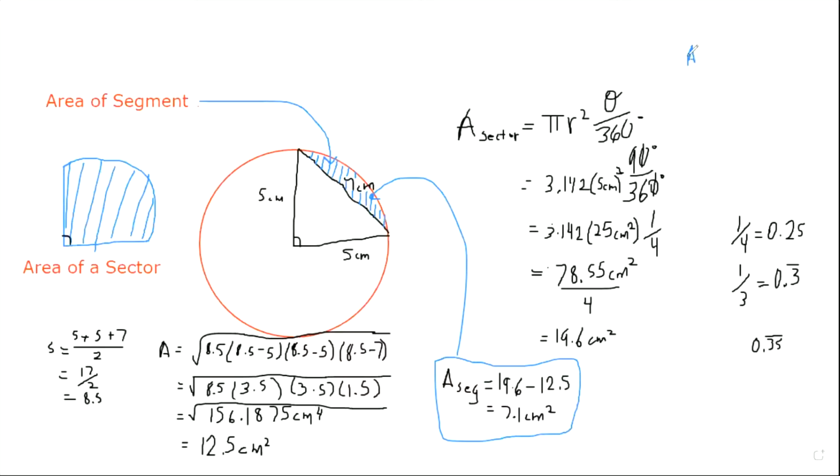Area is equal to half base times height. Now, the base we could say is 5, and the height is 5. Let's see here. That's 25.